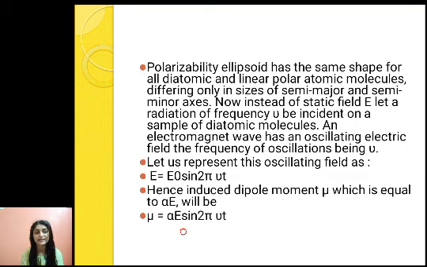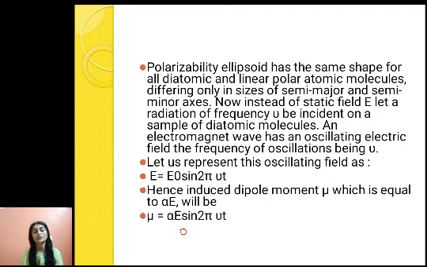An electromagnetic wave has an oscillating electric field, and the frequency of oscillation is nu. So we can represent the oscillating field as E = E0 sin 2 pi nu t. This E represents the oscillating field.